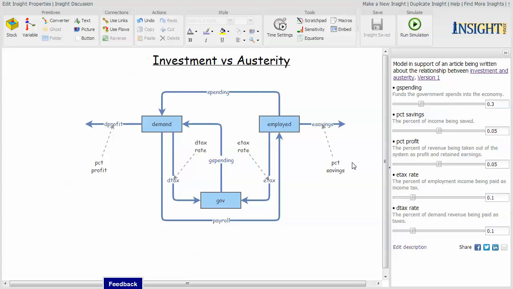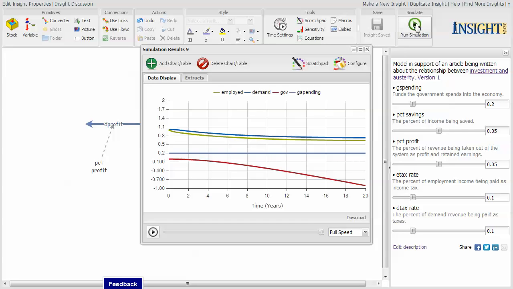If that balance doesn't happen, then the amount circulating in the economy declines, and therefore employed declines and demand declines, as represented just a moment ago. If this was only 0.2, it is declining.